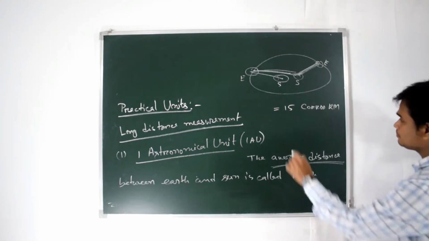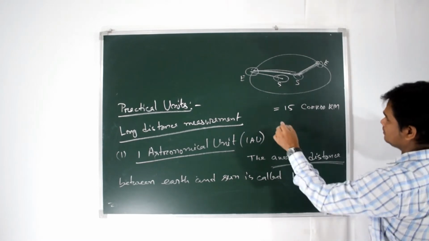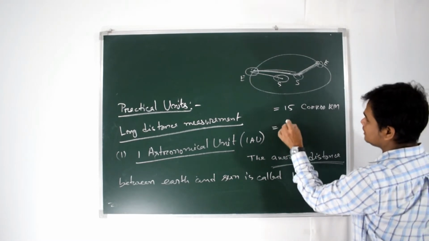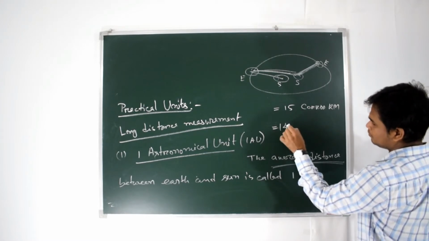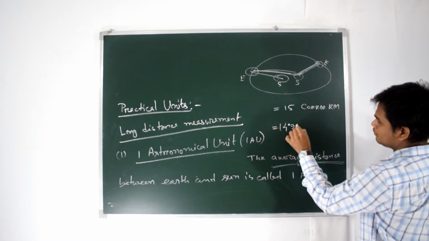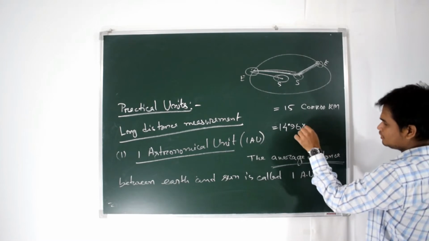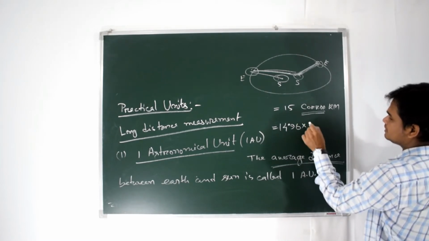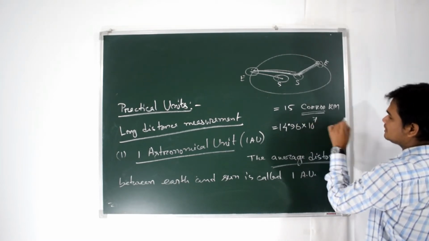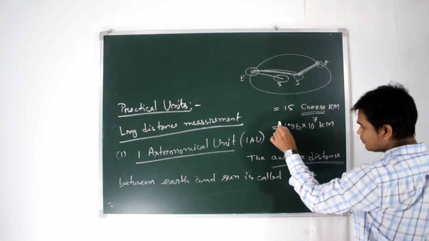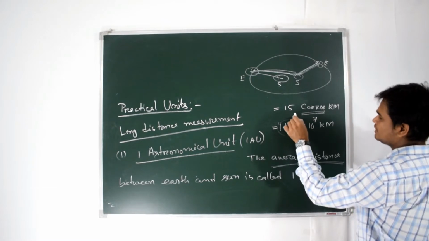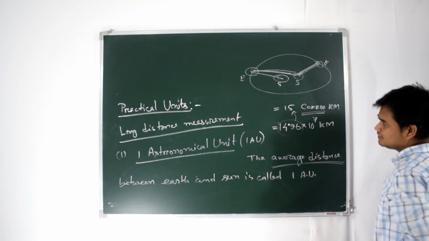Okay, so it can be written as 1.496 into 10 to the power 7 kilometer. Approximately 14.96 can be written as 15.